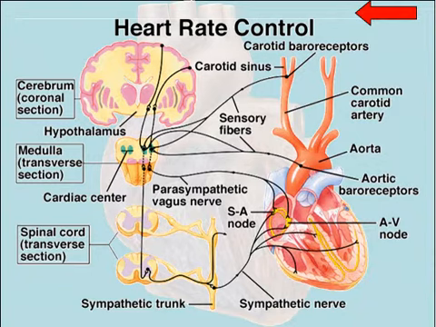We also have receptors for oxygen and for hydrogen ion, the chemoreceptors. Again, in the aorta and in the carotid arteries, they're sensitive to oxygen levels and they're sensitive to pH, to the hydrogen ion concentration. If oxygen levels start to drop, what do you think the medulla is going to do? O2 levels are dropping.